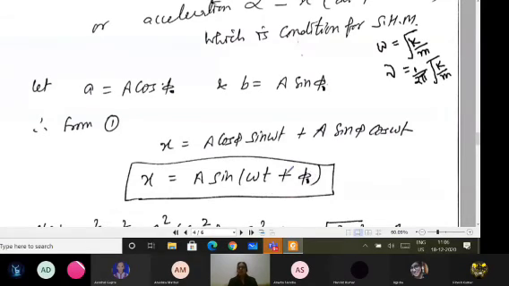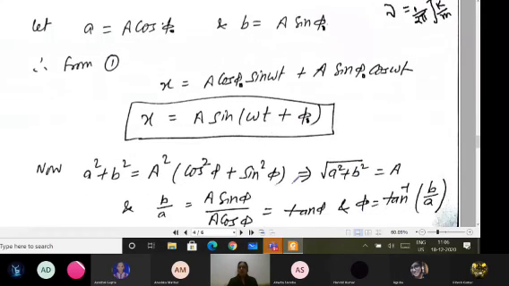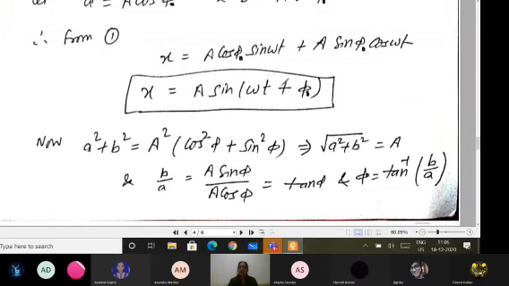So I can write it as A cos phi naught sine omega t plus A sine phi naught cos omega t, and you can write the displacement x in terms of the initial phase, that is A sine(omega t plus or minus phi naught) depending upon what is given in the question. Here I am getting a positive sign.